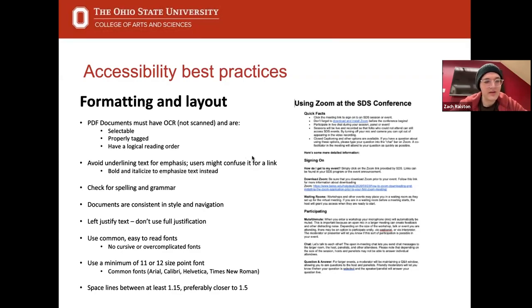But as a rule of thumb, to make things easier to read for everybody, including people with disabilities, it's always safe to create extra space in between paragraphs, things like that. It makes it easier to navigate for everyone too. And it's just something that I particularly like to stress.